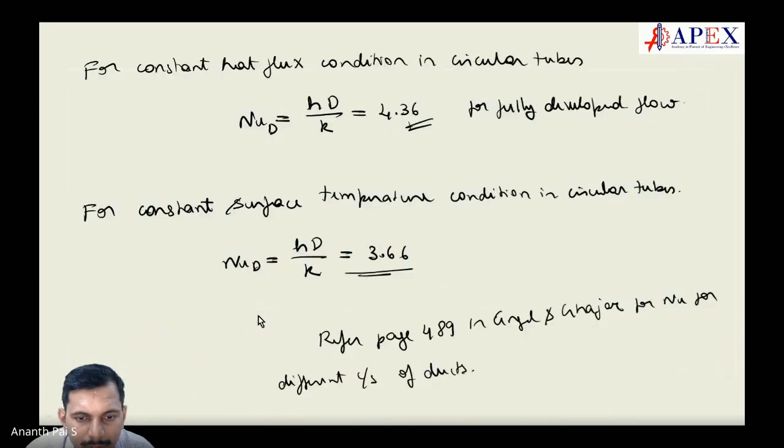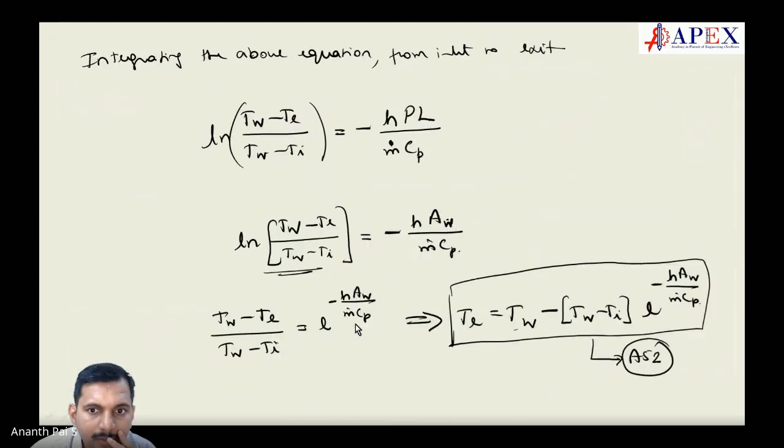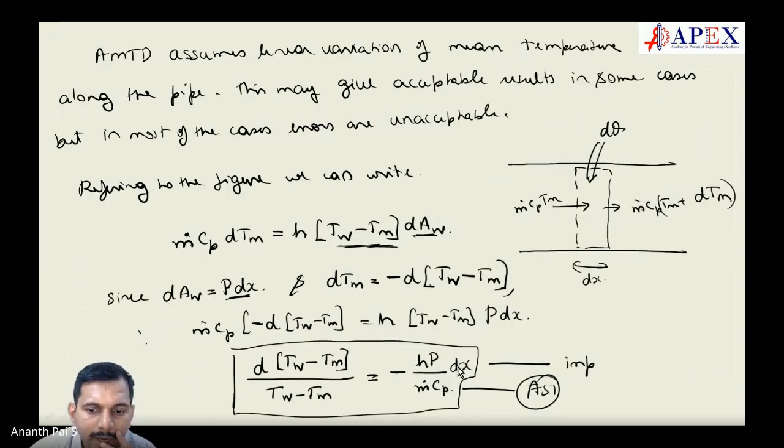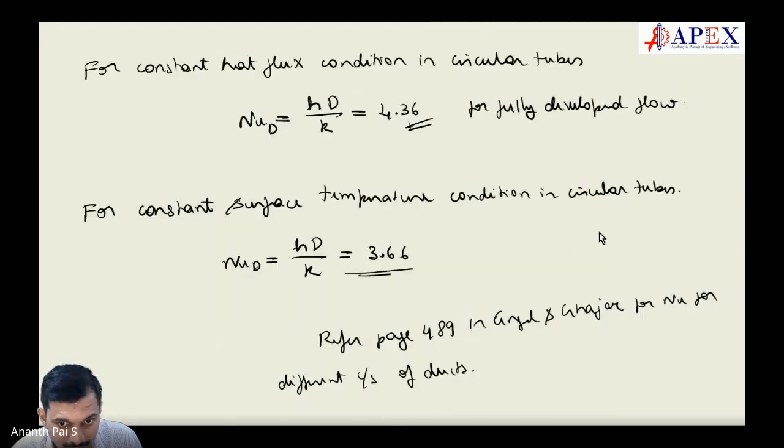I forgot this. Q dot into perimeter divided by m dot cp into X. But Q double dot is also a function of X, so you'll get X square, correct? That's much correct. So let us see that.